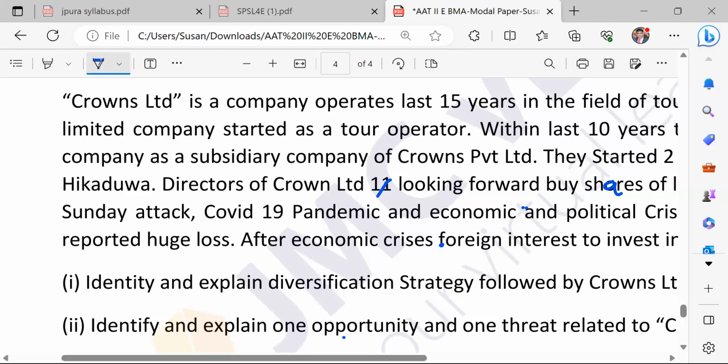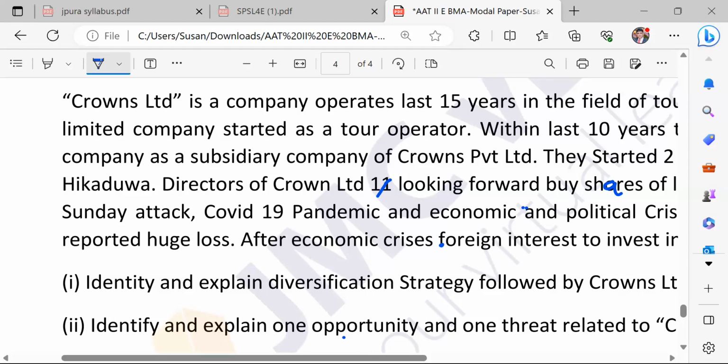Then definitely companies like Crowns Private Limited can't perform their businesses since there are not sufficient tourists in the country, right? That's why Crown reported a huge loss, right?